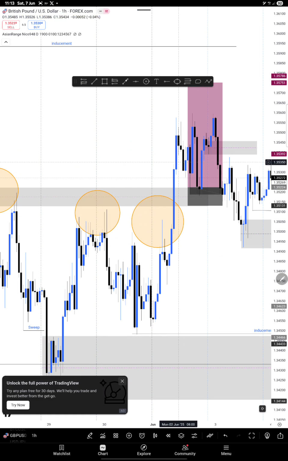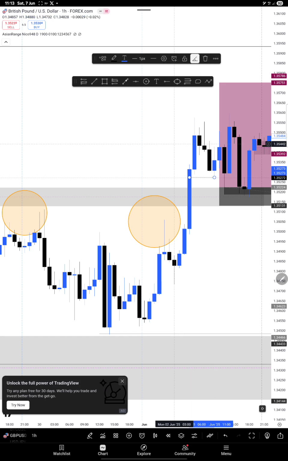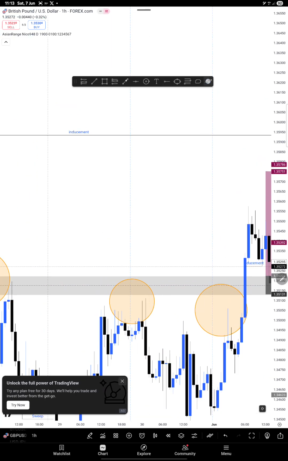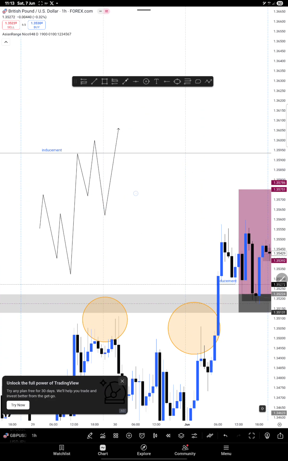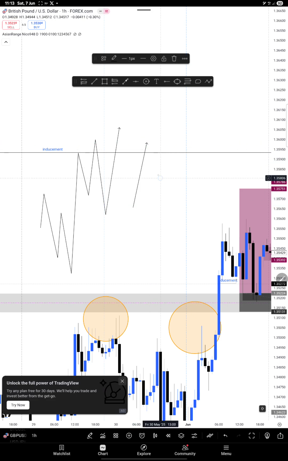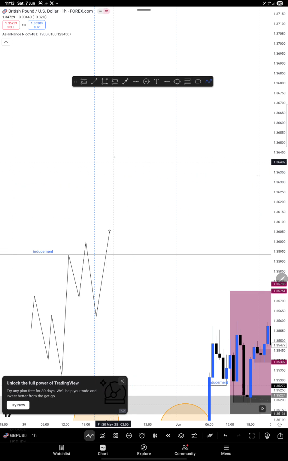But price gave inducement before the first breaker. This right here, price gave inducement. I've noticed it very much. First of all, you have two breakers like this, and price goes up. The first thing price used to do is use the first breaker to form liquidity for a second breaker to hold.